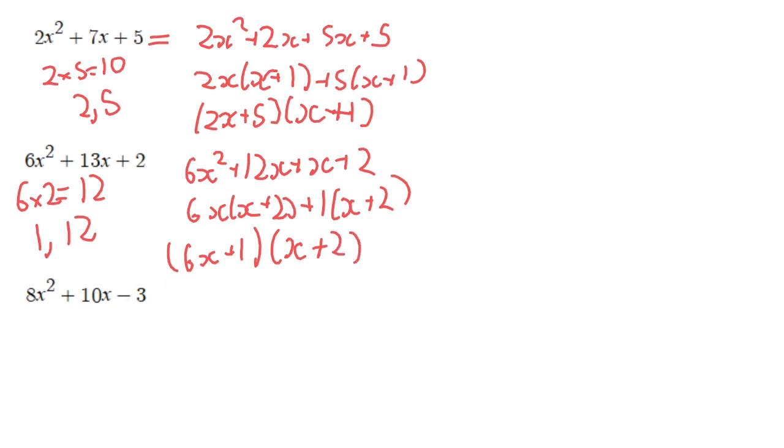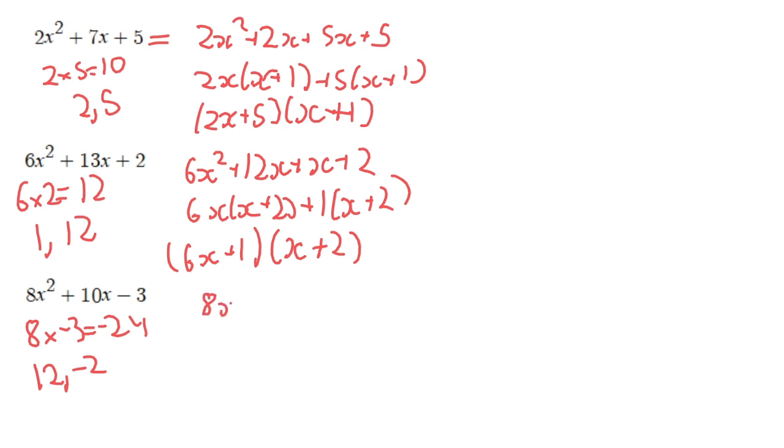And finally, we have the last question in this video, which is 8x squared plus 10x minus 3. So what you want to do is 8 times negative 3 to get negative 24. What multiplies to negative 24 and adds to 10? Well, that would be 12 and minus 2, because 12 times minus 2 is negative 24, and 12 plus minus 2 is 12 minus 2, which is 10. So you would split that up like this.